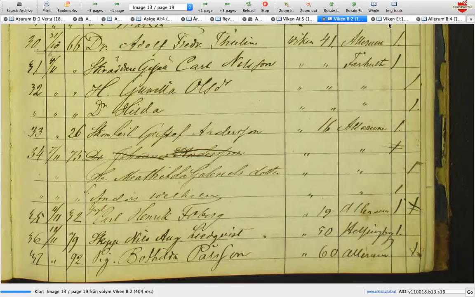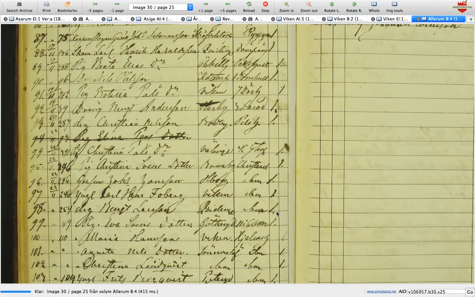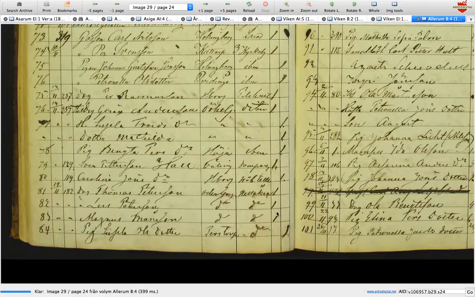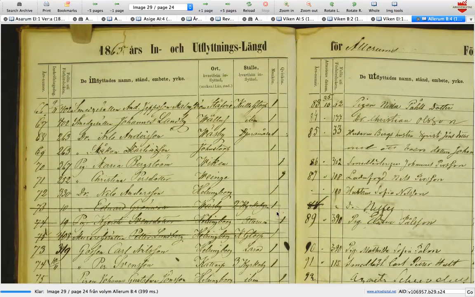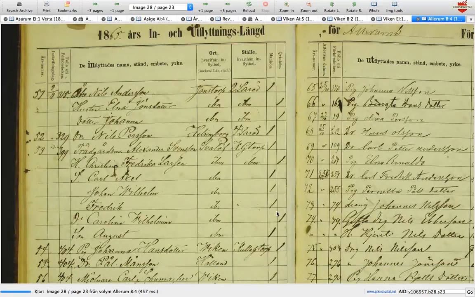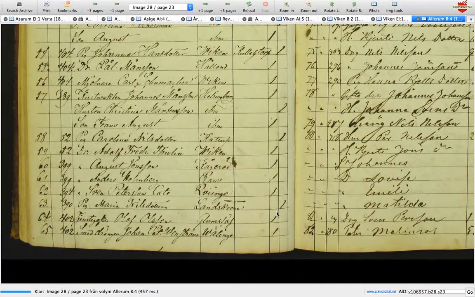Johannes Andersson. If we are lucky here, we can see it's 1-1. If they get one record, that could be an indication. No, we are not lucky.